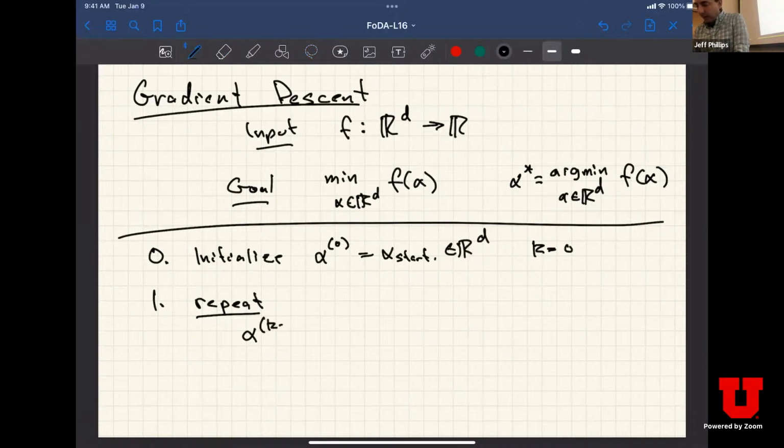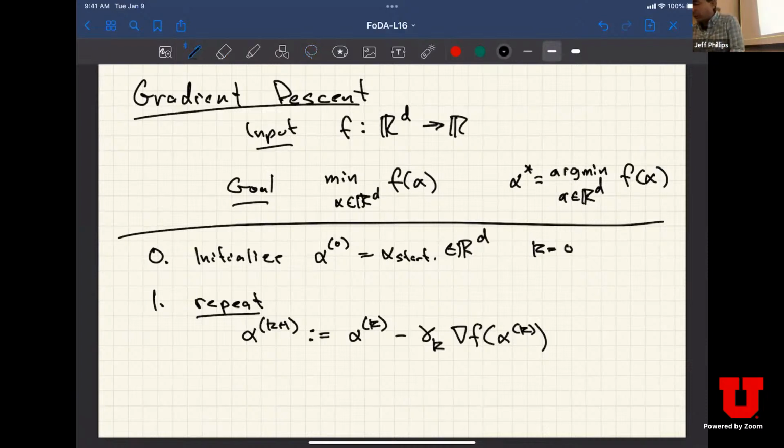Alpha k plus 1, our estimation of the parameters that we're trying to update, starts with the old guess, alpha k, and we subtract gamma k times the gradient of f at alpha k, at the old guess.